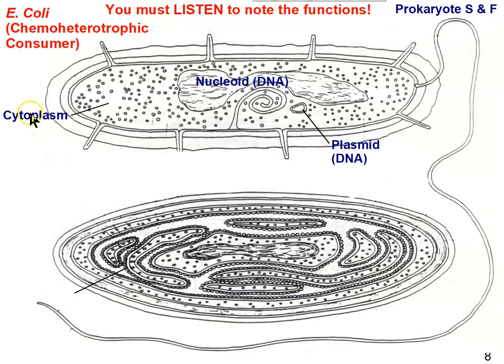And the cytoplasm is made up, if you'll recall, of the cytosol, which is the liquid portion of the cytoplasm, and that's where all chemical reactions are taking place within the cell, especially in a prokaryotic cell, because there are not membrane-bound organelles where other chemical reactions can take place. So they're basically all taking place in the cytoplasm. All metabolic reactions take place in the cytoplasm, in the cytosol of the cytoplasm.